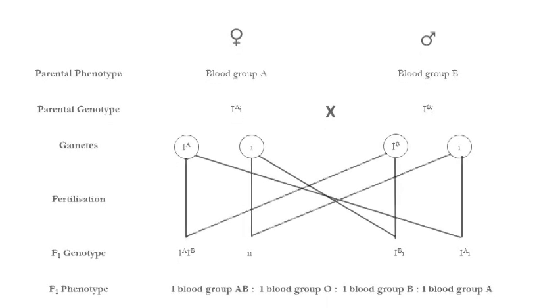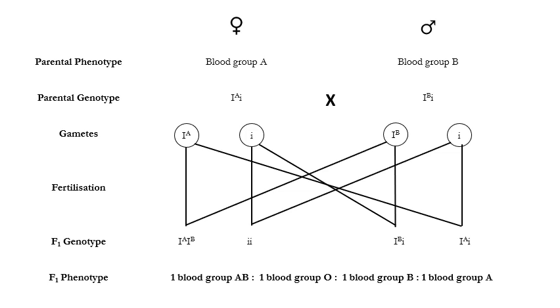This is a typical crossing between a person with blood group A and a person with blood group B. If you look at them, both of them are heterozygous, in the sense that this represents the genotype for blood group A, and this represents the genotype for blood group B. Segregation during formation of gametes will result in these typical gametes, and if you cross them, they will produce the following genotypes: one genotype representing blood group AB, one representing blood group O, one representing blood group B, and one representing blood group A. That is after a typical monohybrid crossing occurs.